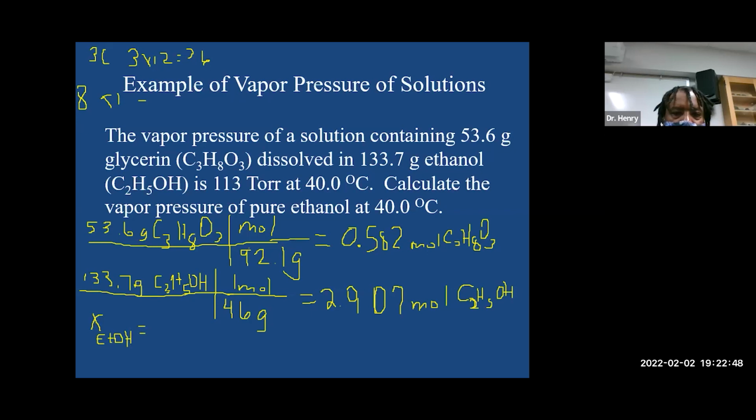So that's going to equal 2.907 divided by 0.582 plus 2.907.